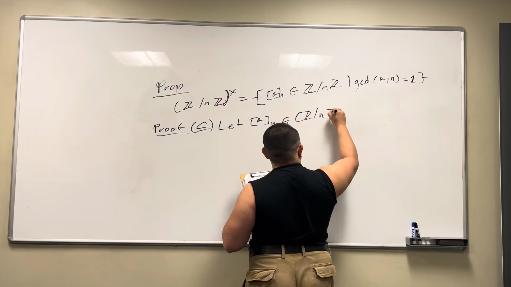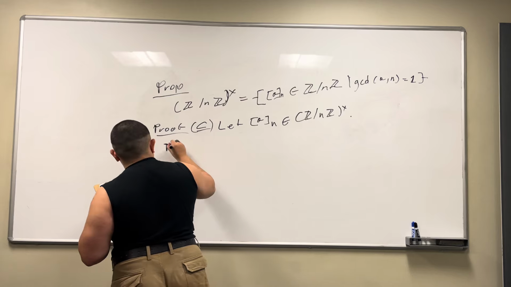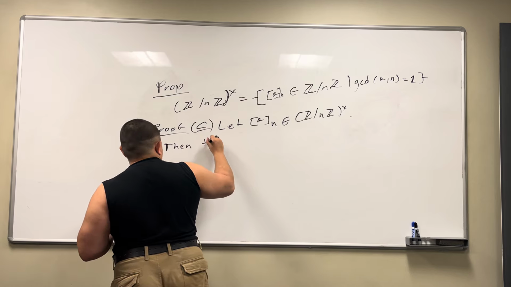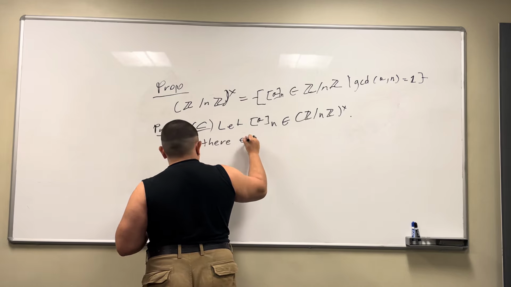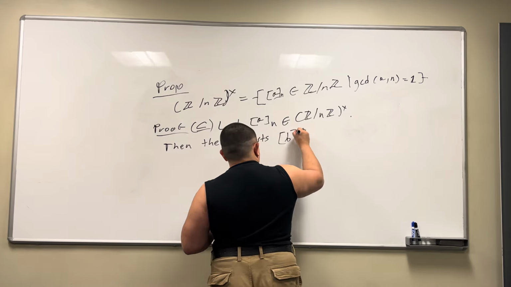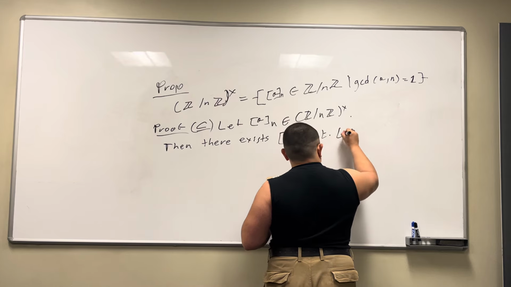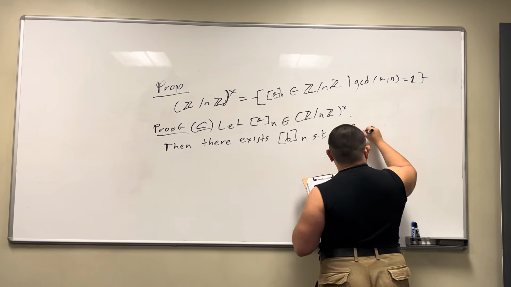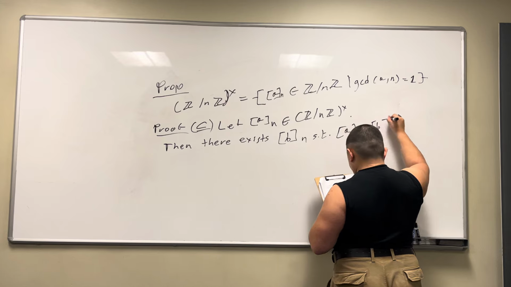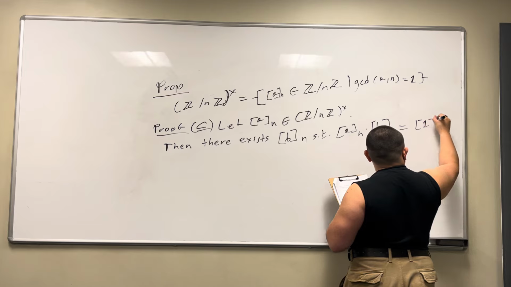Then there exists a residue class b mod n such that a mod n times b mod n is equal to 1 mod n.